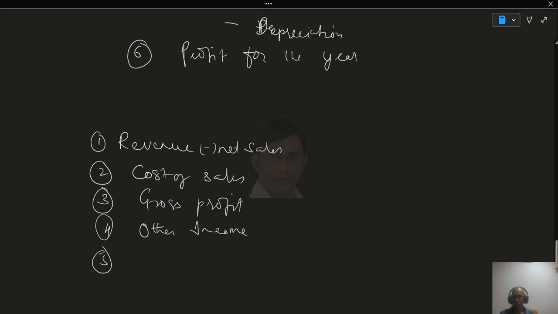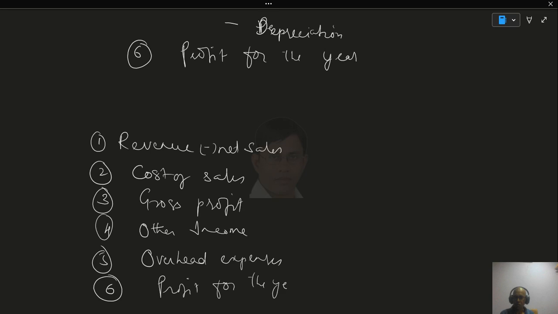Fifth step, overhead expenses. So then the sixth one is what you get ultimately, profit for the year. So remember this as income statement in 5 steps. Just learn this by heart.